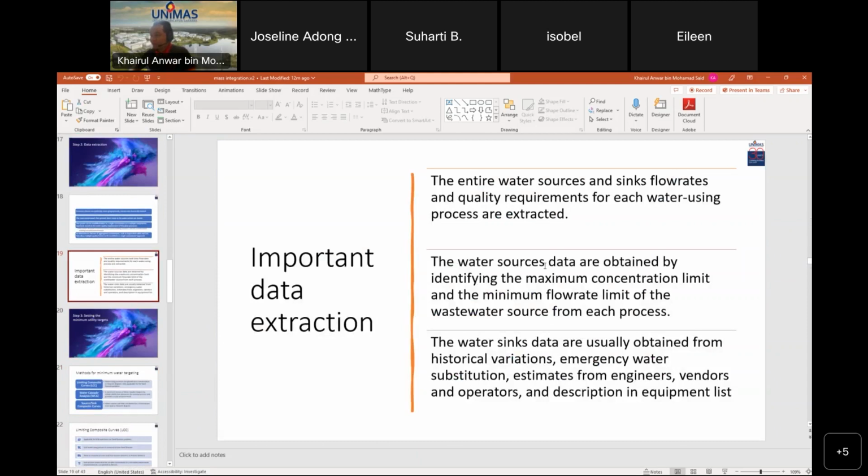Therefore, water source data from the unit operation can be obtained by identifying the maximum concentration limit and the minimum flow rate limit of the wastewater source from each process. The water sink data are obtained from historical operation, emergency water substitution, estimates from engineers, vendors, and operators, and description in the equipment list.